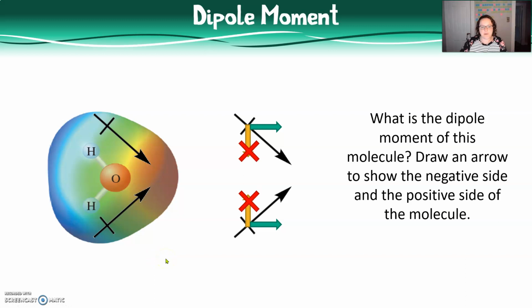Since the yellow components are pointing in opposite directions along the same axis, they essentially cancel each other out. But since the green components are pointing in the same direction along the same axis, they add together to give an overall dipole moment from left to right across the entire molecule.